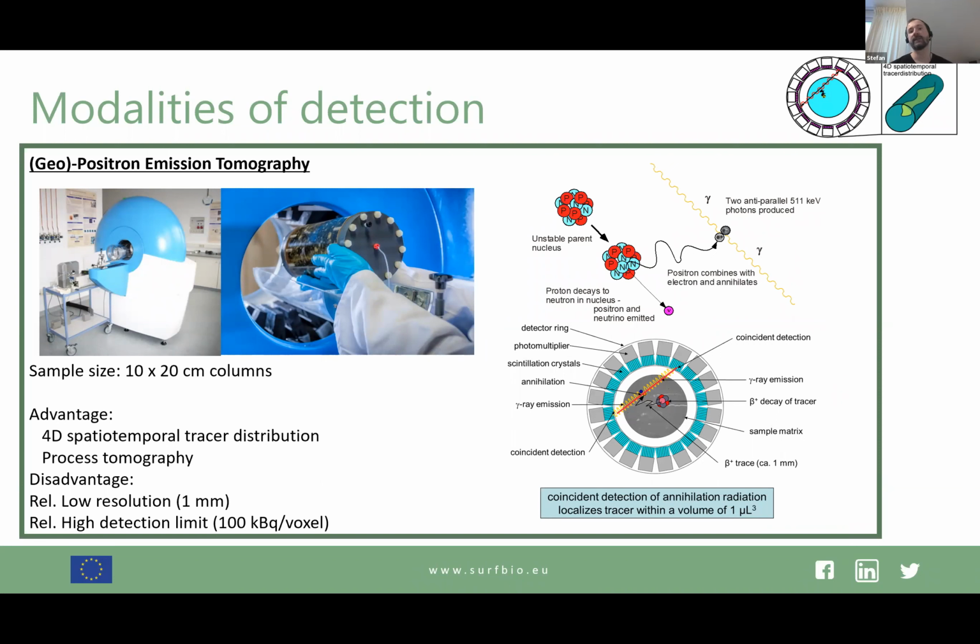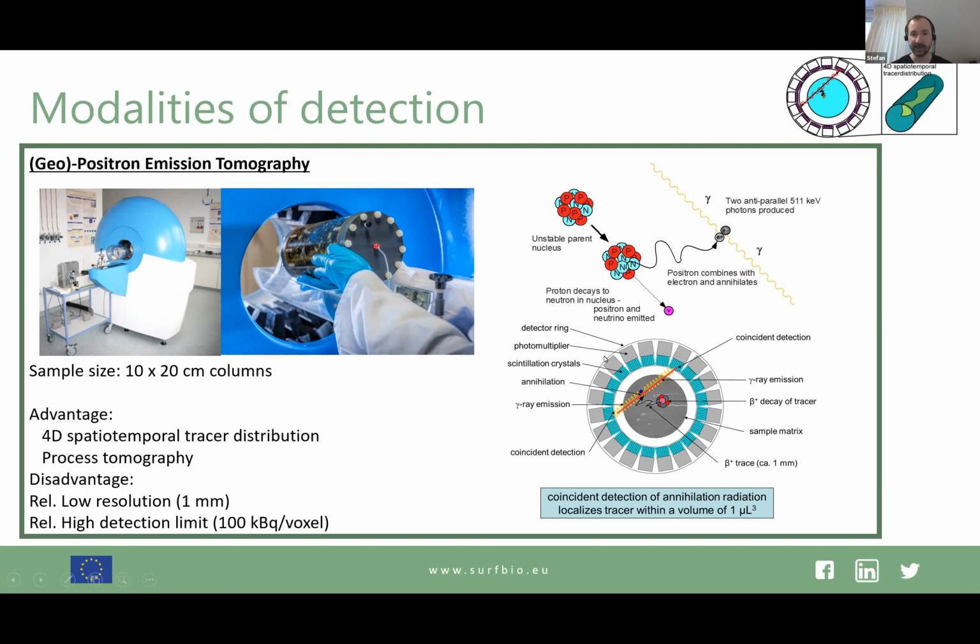So after a very short reach it will meet an electron and annihilate with it. This results in annihilation radiation: two gamma photons are emitted with an energy of 511 keV, which is equal to the energy of the electron-positron pair. And those go basically anti-parallel to each other.